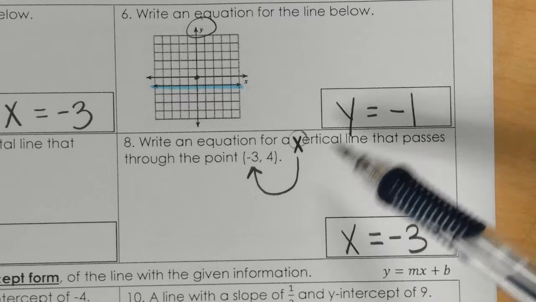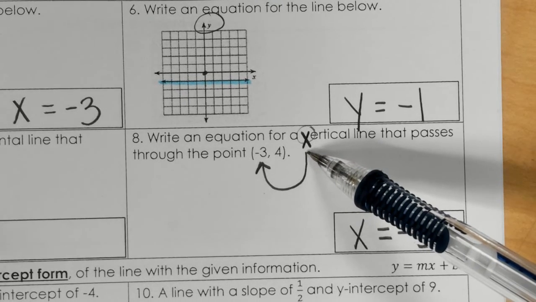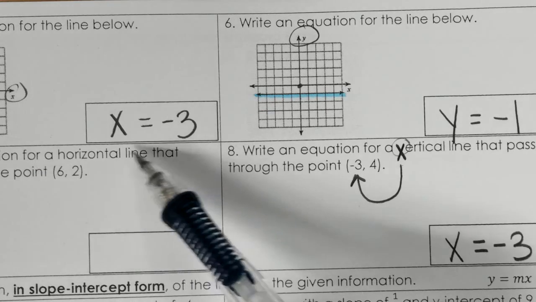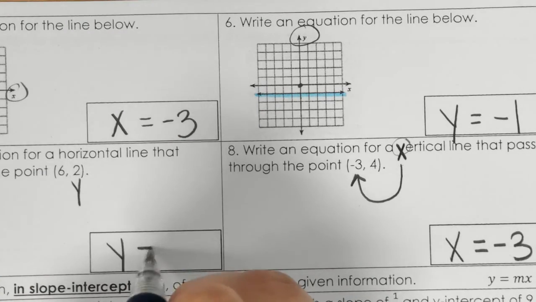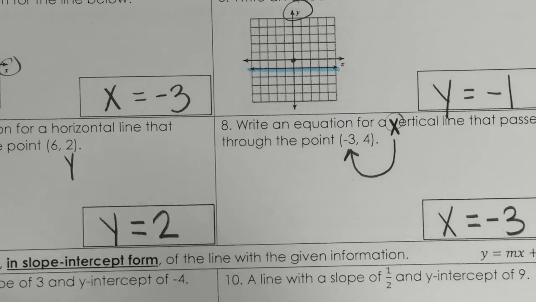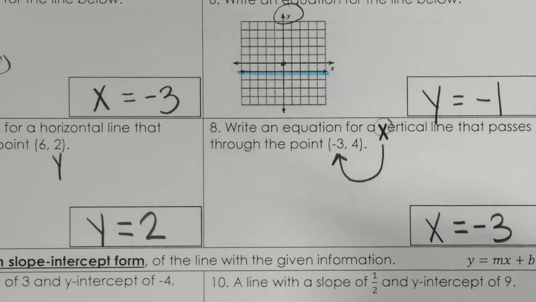So if vertical is going through the x, that means on number 7, the horizontal line would be going through the y value. So this would just be y equals 2. Okay? I highly suggest that you memorize that vertical goes with x, horizontal goes with y.